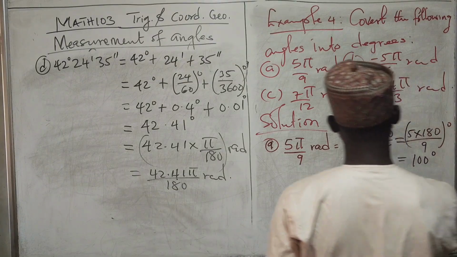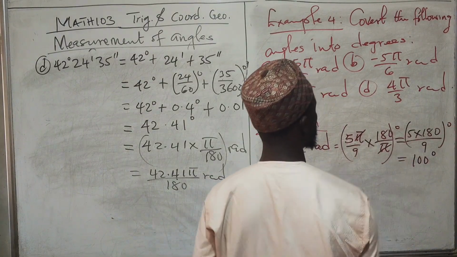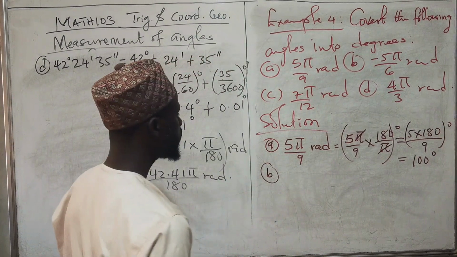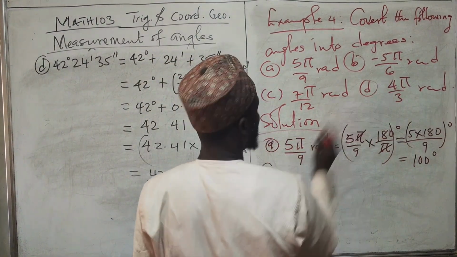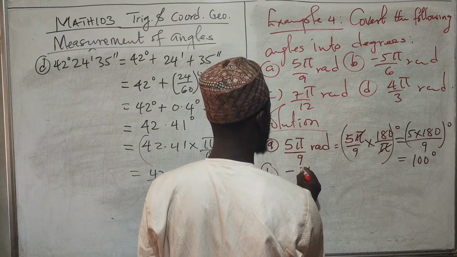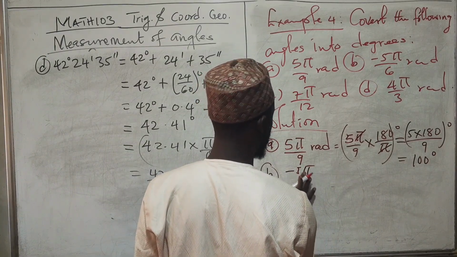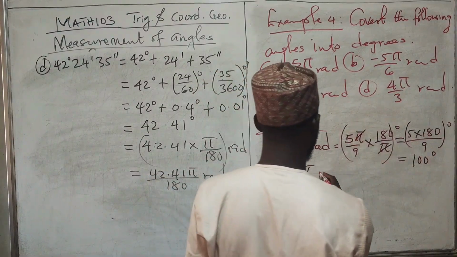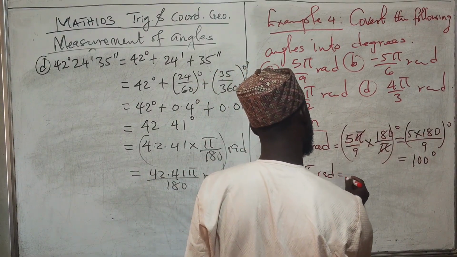So B is saying minus 5 pi over 6 in radian, and you are converting to degrees.